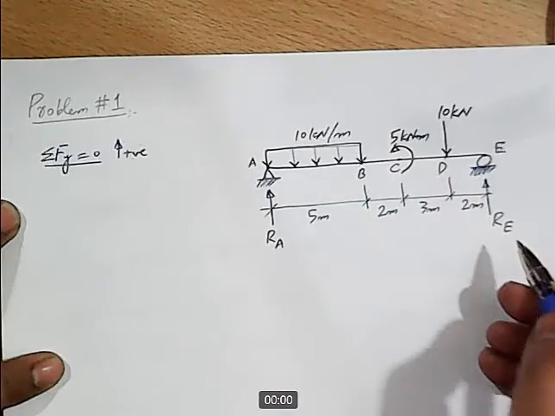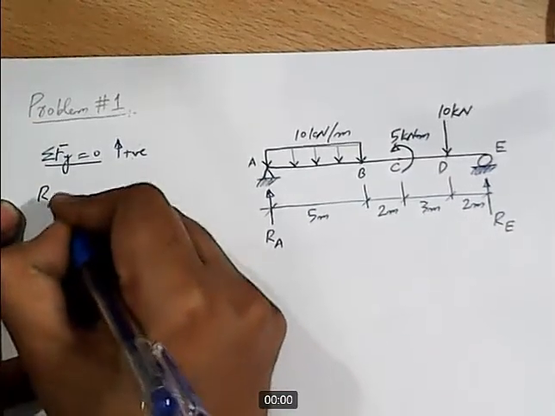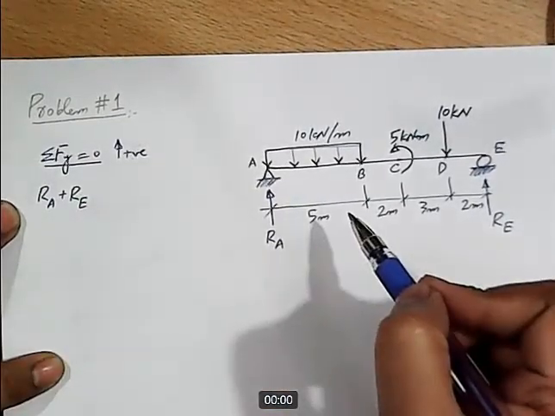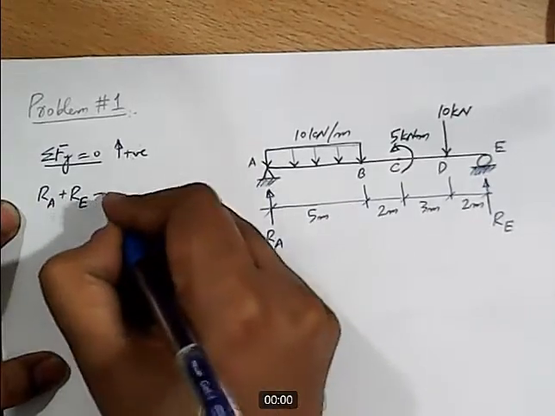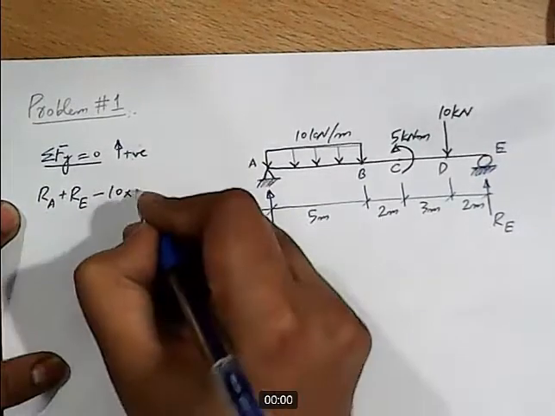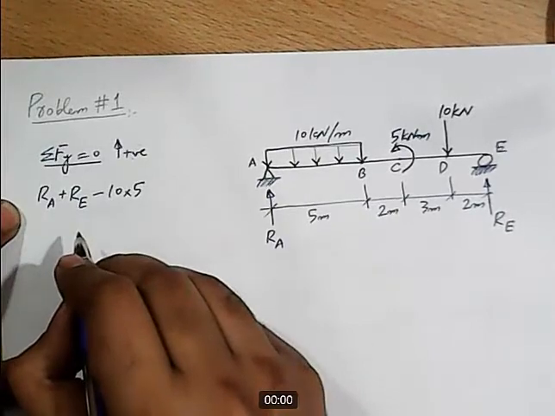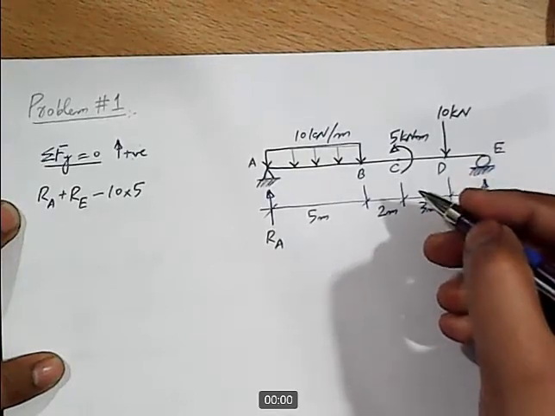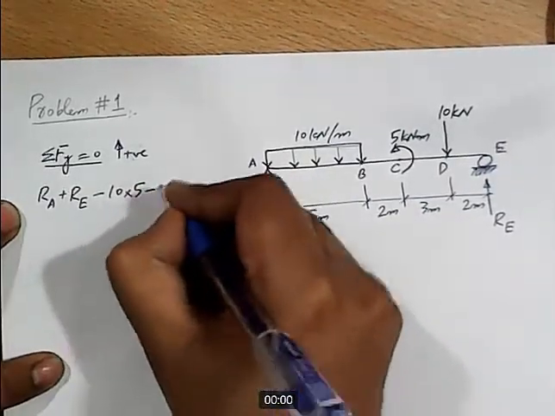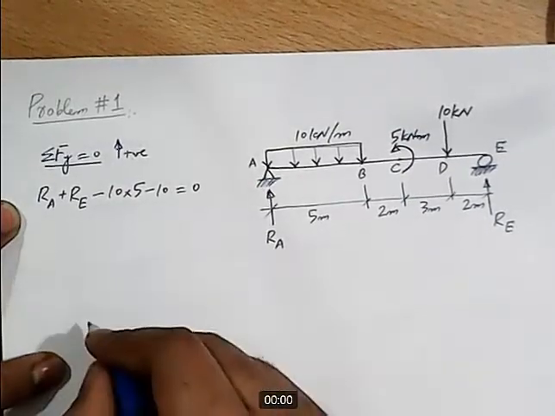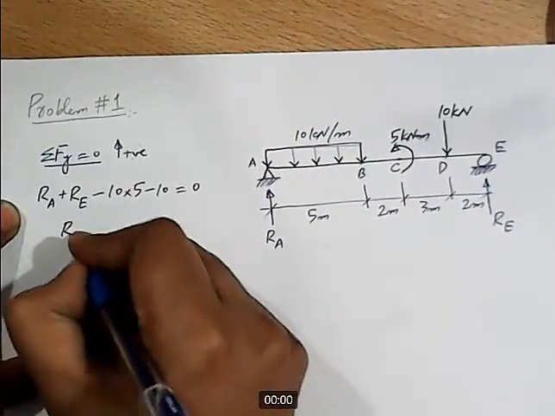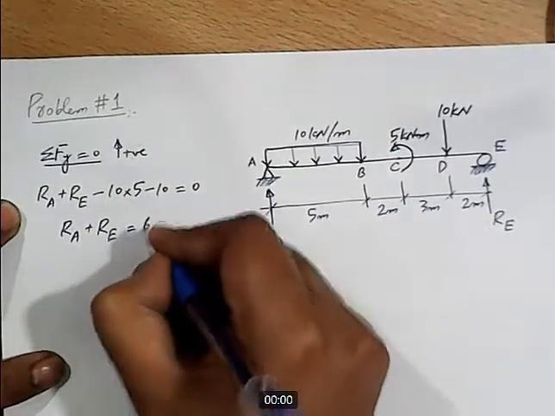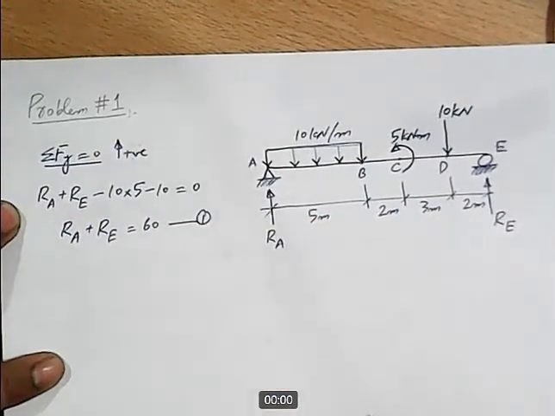The upward forces are RA and RE, both positive. The UDL acts downward, so minus 10 into 5. The 5 kilonewton meter moment will not appear in this equation. Then the 10 kilonewton force acts downward, and the sum is equal to 0. Rearranging, we get RA plus RE equal to 60. Let's call this equation number 1.